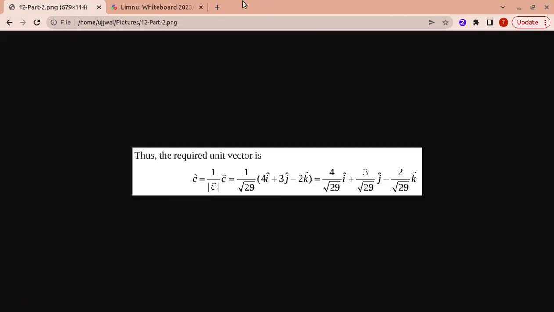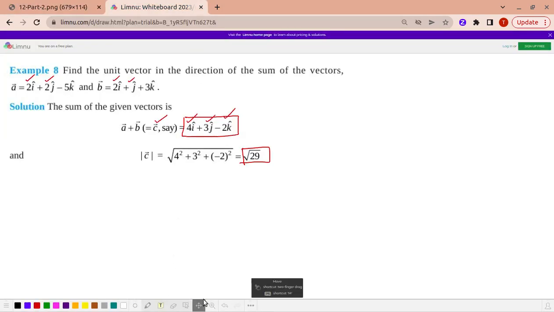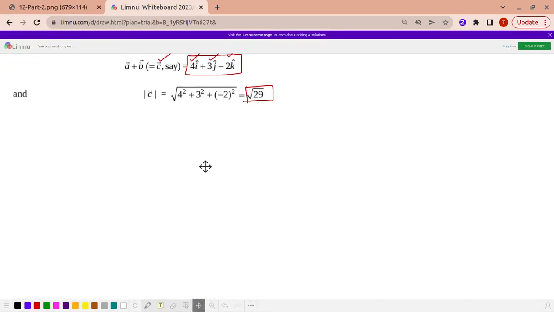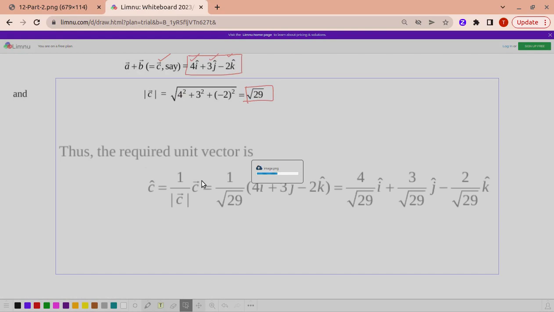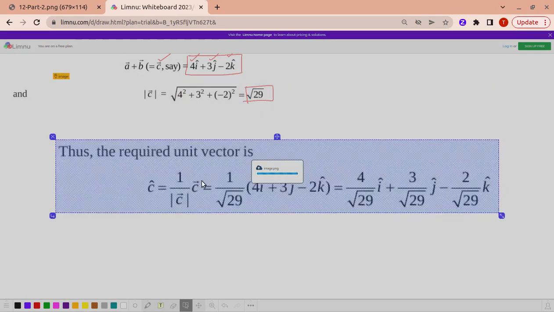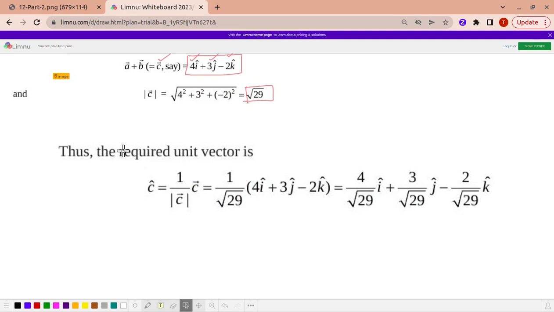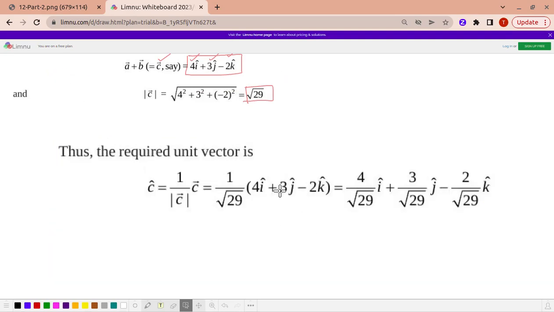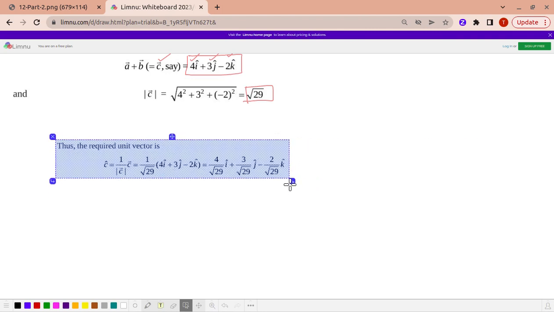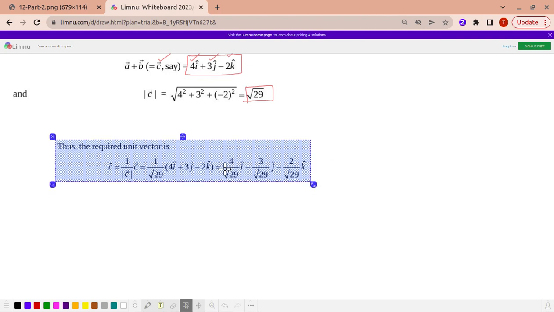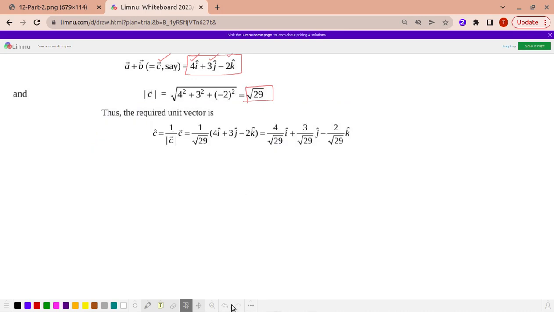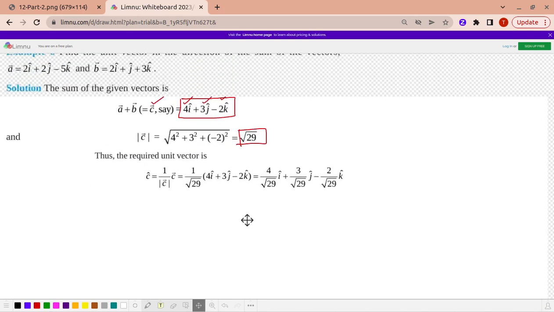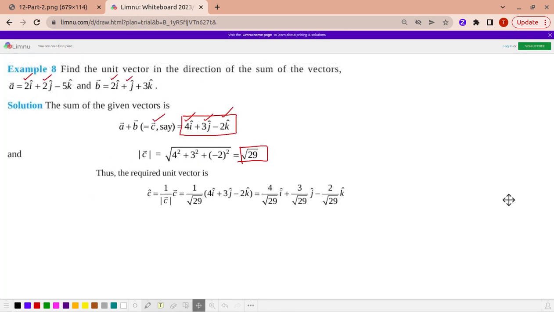Okay, so this one is the required unit vector. Let me bring the entire thing, so please have a look at it clearly, to see how we have derived it.